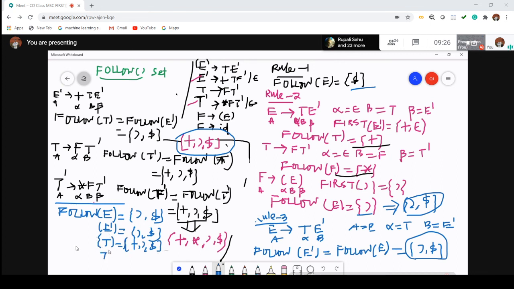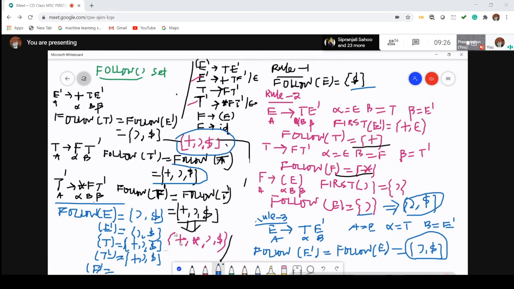Similarly, follow of T dash. Follow of T dash is nothing but plus, right parenthesis and dollar, the same. Then we go for the last non-terminal symbol left, F. So what is the follow of F you get?